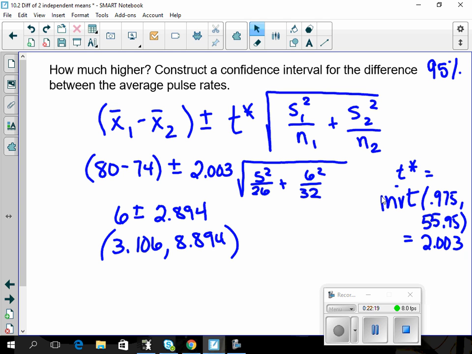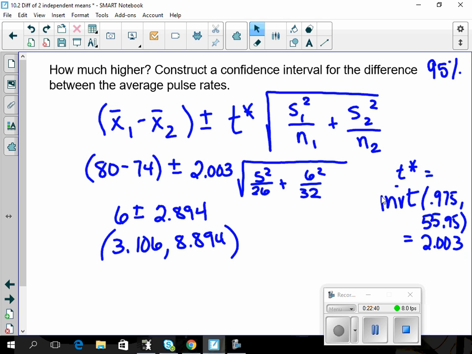Are we okay with how we did the inverse t, how we got our t star? I again used 55.95 as my degree of freedom. You could have used 25 and been okay. You would have gotten a different t star, but as long as you showed your process, perfectly okay. But since I want them to match up, I'm going to use the one from the calculator.